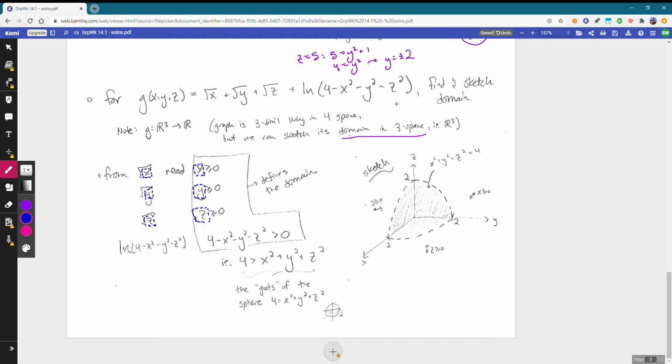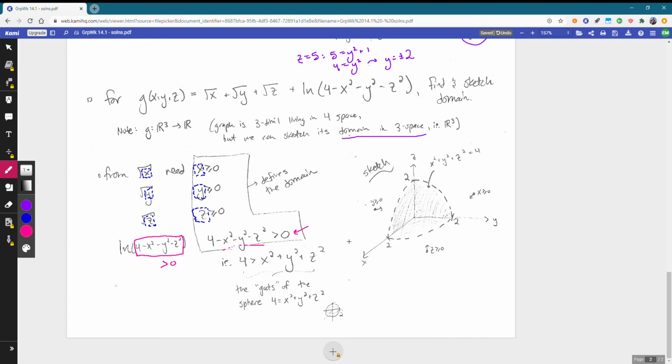But what about the natural log? Well, natural log, we need whatever is inside of that to be positive. Can't plug in 0 or anything negative to natural log, so that had better be positive. So that gets us our other inequality over here. And if we want, we can take all of our variables and toss them to the other side. We get 4 is greater than x squared plus y squared plus z squared.